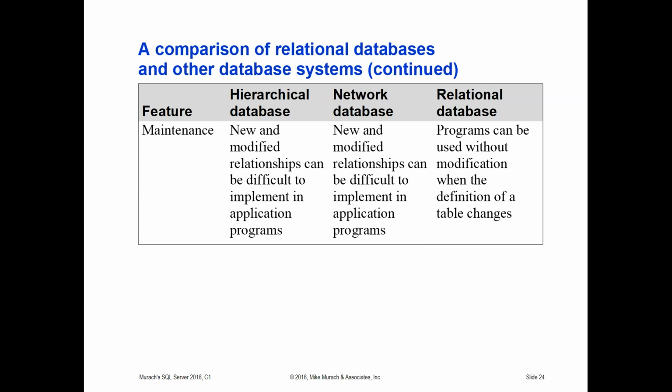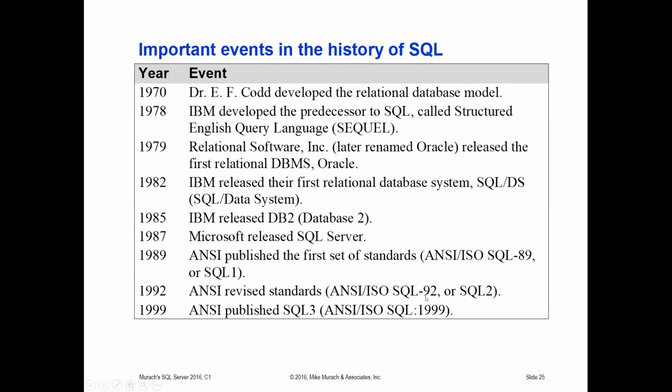Okay, some other things. Older databases like IDMS and IMS, some of the ones that I mentioned, are hierarchical. Relationships can be really hard to implement in those databases. But in our RDBMS, our relational database management systems, they're pretty easy. Here's our history. Oh, wow, I was wrong. It was the 70s he created that relational database model.